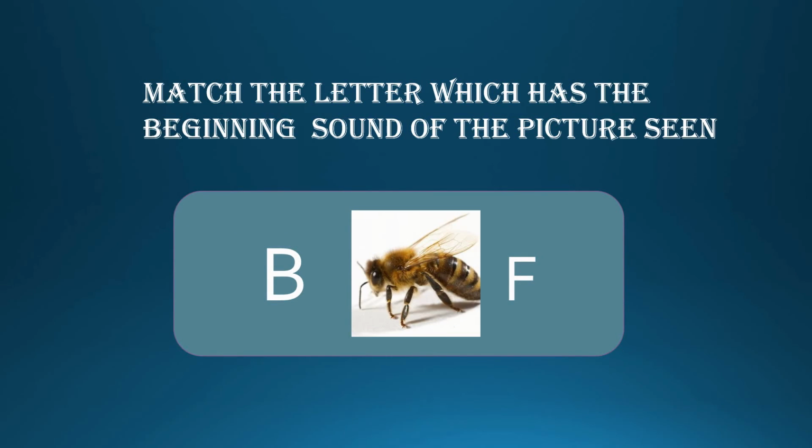You have to guess the picture correctly and circle the beginning sound. So the picture is ball, B. So the beginning sound is B. B, B. So you have to circle letter B.